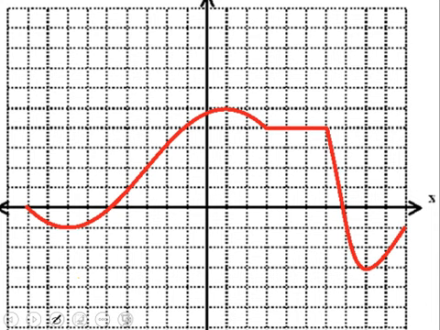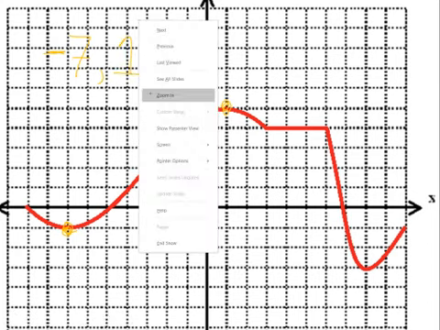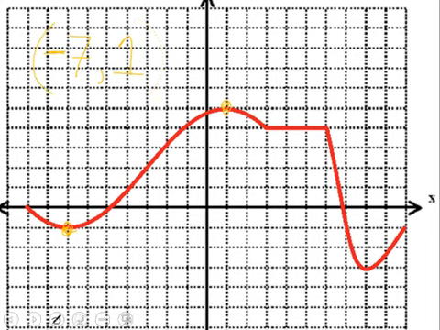This would be increasing where the graph is moving upward. So we would say that it's increasing from about negative 7 to positive 1. That would be where an increase would be.